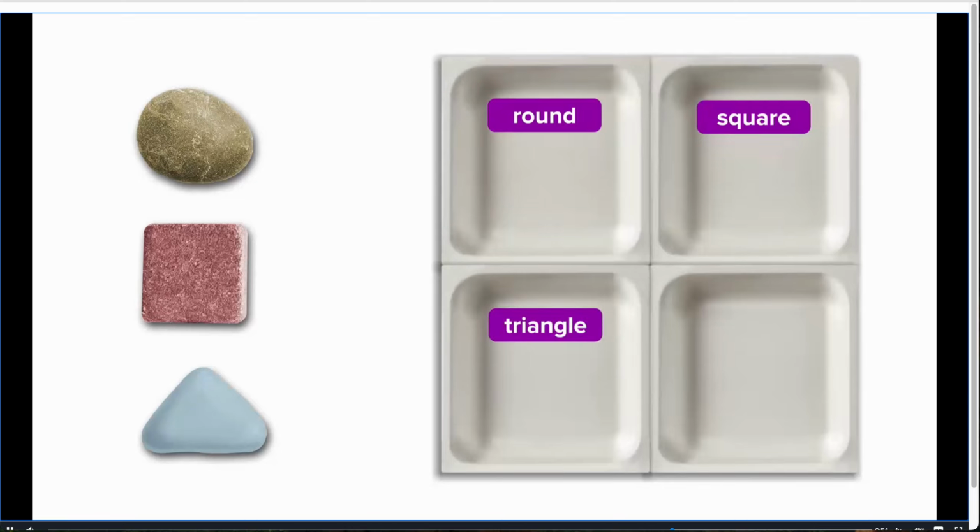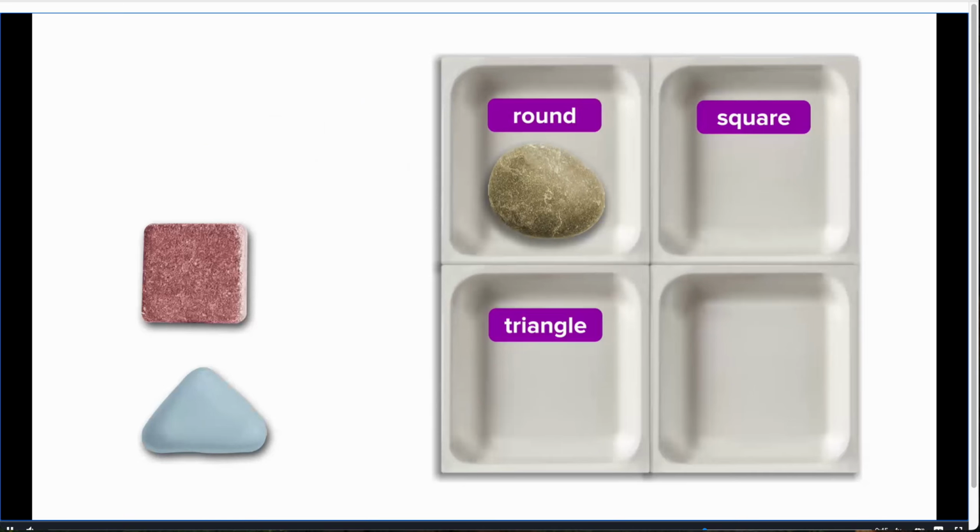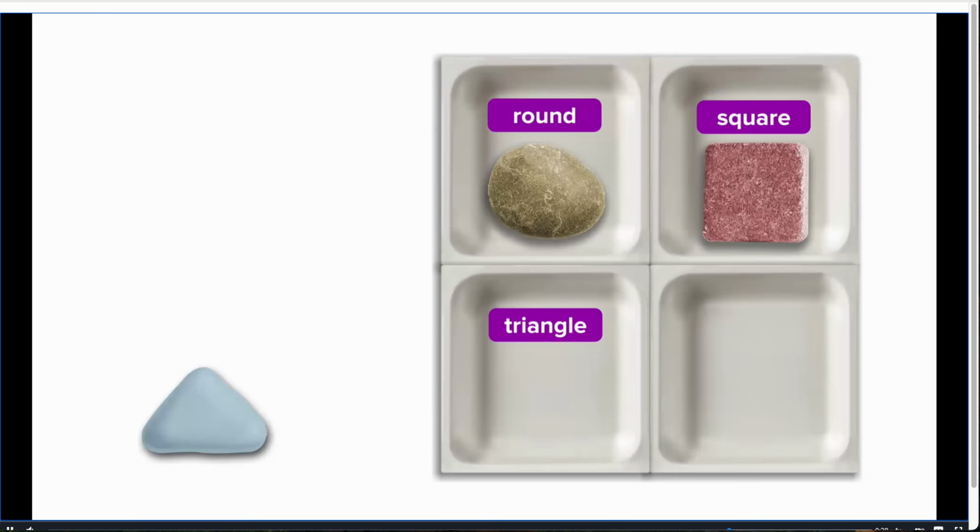Let's give it a try. This rock has curves all around and no square edges. Let's sort this with round rocks. This rock looks like a cube. Let's sort this with square rocks. And this rock is shaped like a triangle.